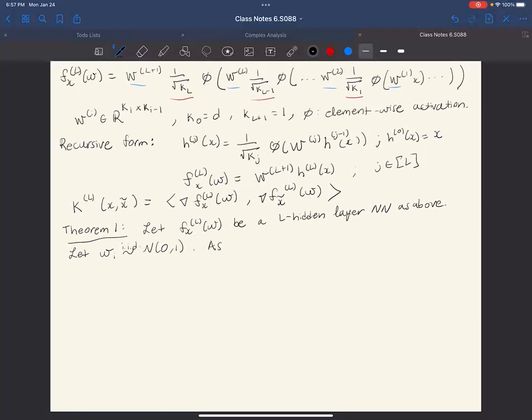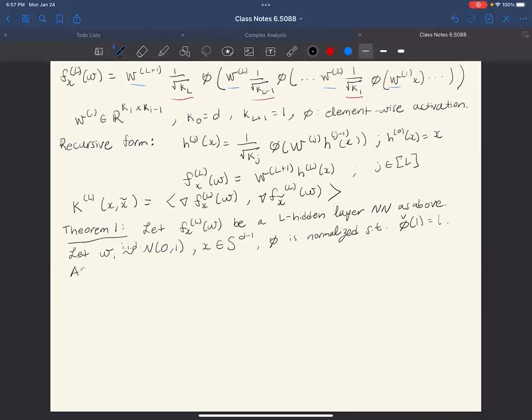Also consider the case where all our data is on the unit sphere in d dimensions. Let's also assume that our activation function is normalized such that phi dual at 1 is 1.